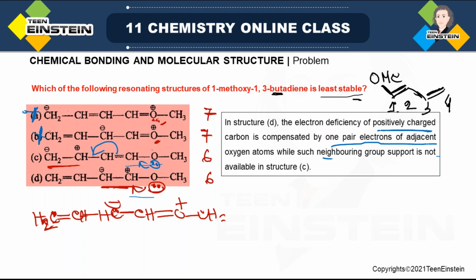But that type of neighboring group support is not available in C. It is coming from a farther distance, so you cannot say an adjacent oxygen atom is present. So that is the explanation why C is the least stable structure. Okay.